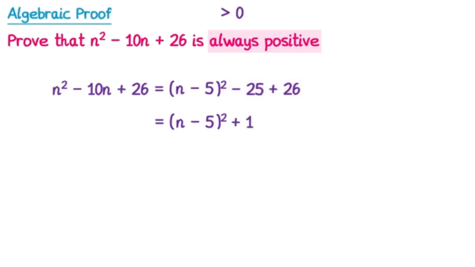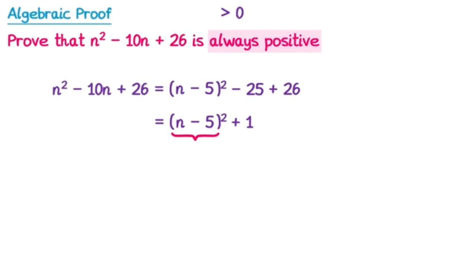Now that this is in the completed square form, we can show it's always positive. Let's start by looking at (n - 5) all squared. This is some integer squared. Now when you square an integer, it's impossible for it to be negative. Take a moment to think about this. If you square a positive number, like 3 times 3, you get a positive number, 9.